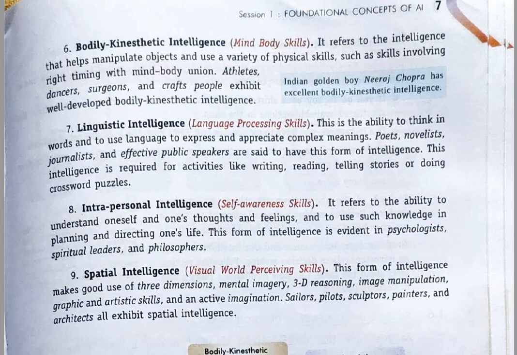So you must understand all these nine types of intelligence, and the question in your exam may come to discuss any four types of intelligence or five types of intelligence. So you must learn all of these. You should understand, and you should be able to write few words, few lines about all these nine, and you can select four or five out of these that you have completely understood and you are able to explain them.